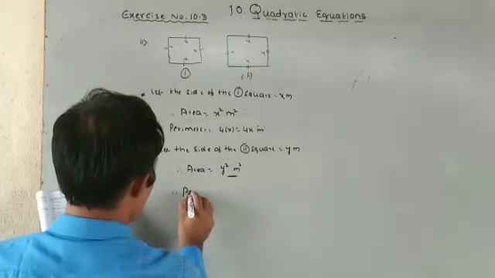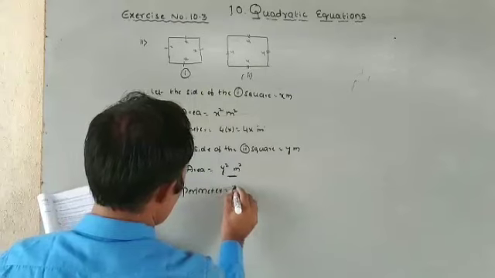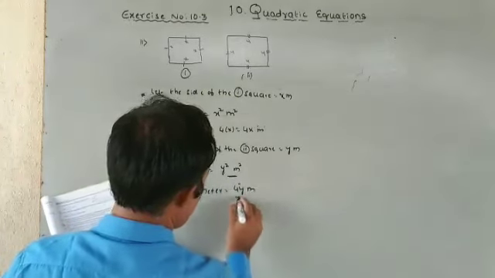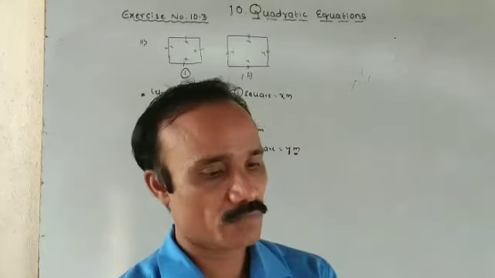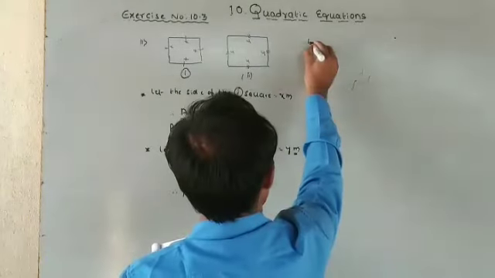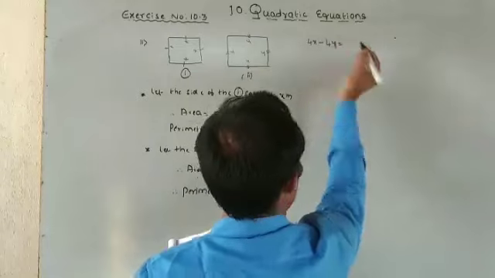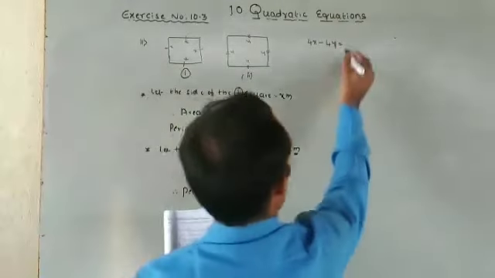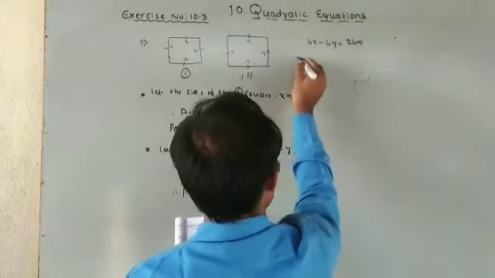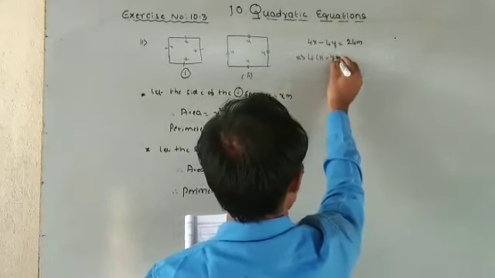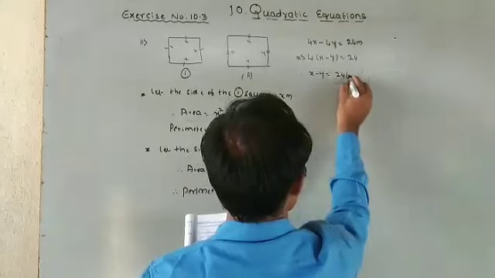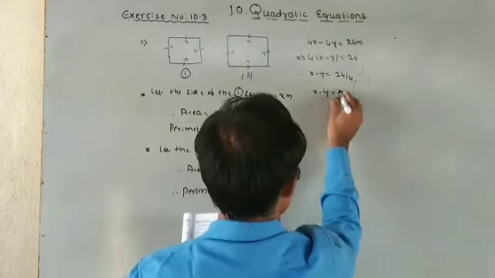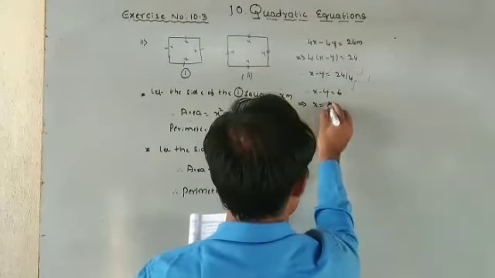So 15 hours, the time taken by the larger tap to fill the tank, that is 15 hours. Next, another one, x is equal to 35 minus 85 by 8. So this is equal to minus 50 by 8. So this is meaningless, correct? And therefore, time taken by the larger tap to fill the tank, that is 15 hours.